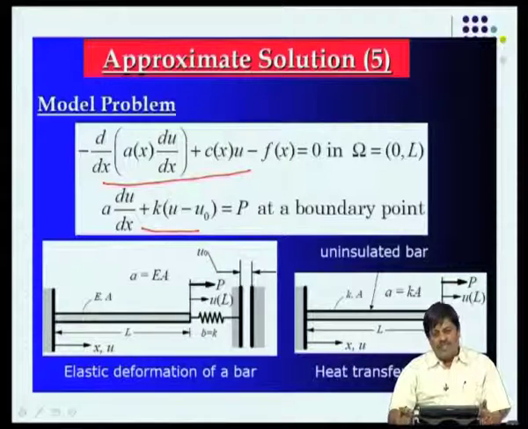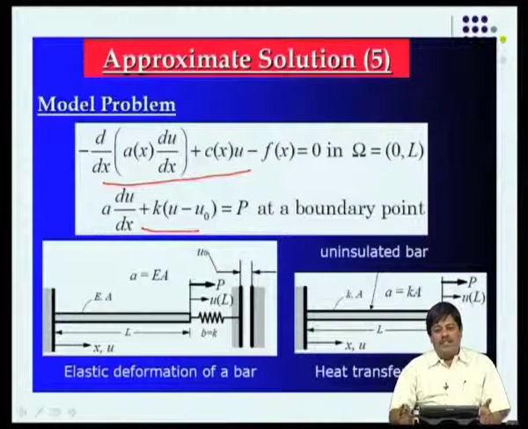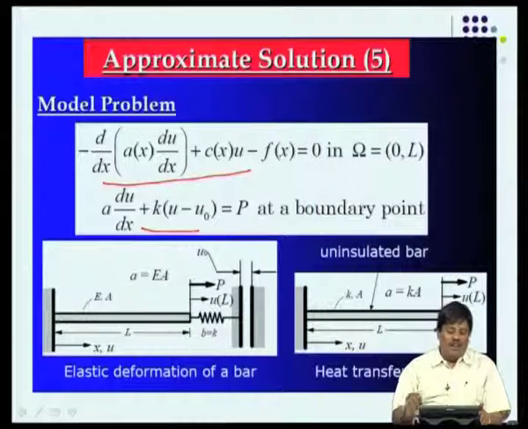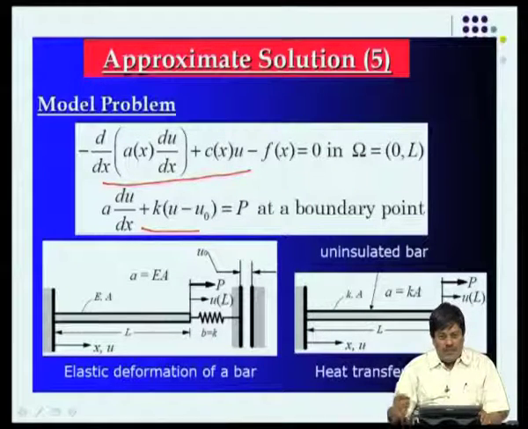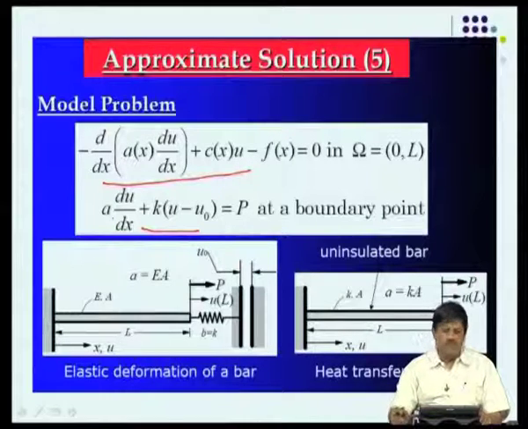So, what does this equation represent? It represents many things. For example, it represents the elastic deformation of a bar, where P is the force, K is the spring constant, U is the deformation, and A is a material parameter, which can be the modulus of elasticity.